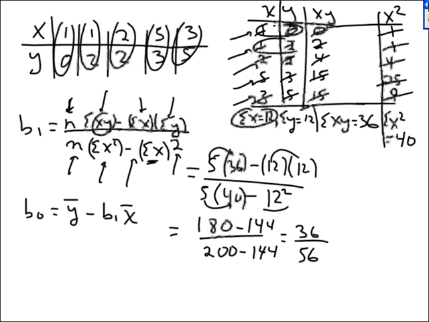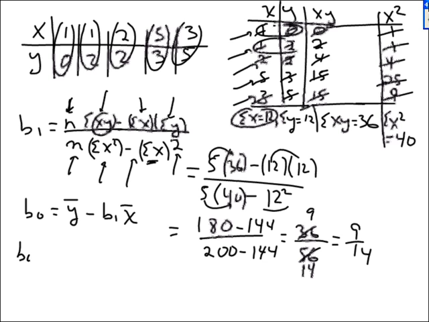And 4 goes into each of these numbers. 4 goes into the top 9 times, and it goes into the bottom 14 times. Okay, so it's 9 over 14. Yeah, I'm happy with that. So that is B1.